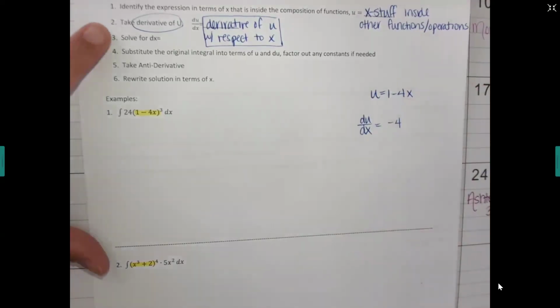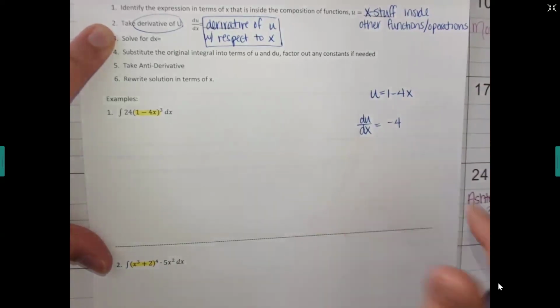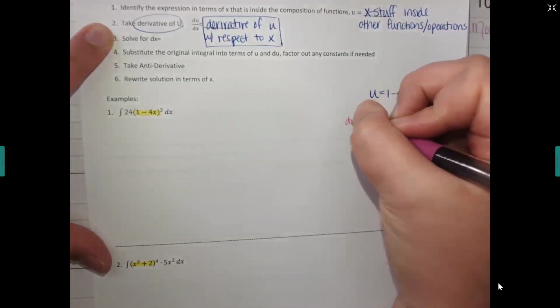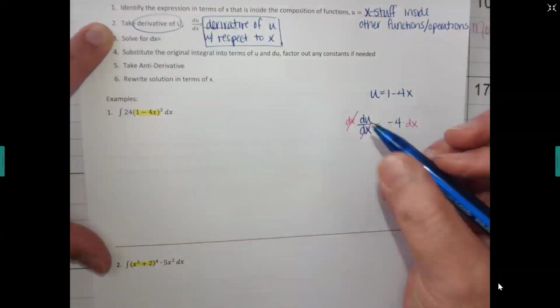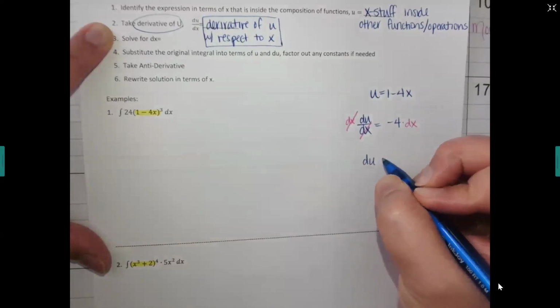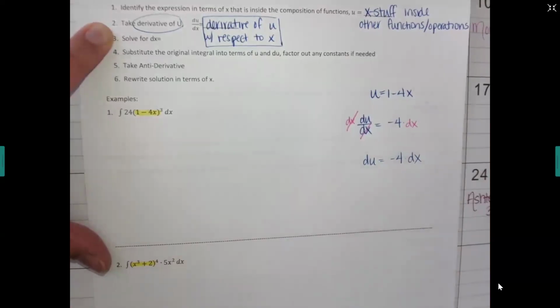Step 3 is that you're going to solve to get dx by itself. Now you'll notice that dx is on the bottom of this fraction, so I'm going to multiply by dx on both sides. That will cross it out from the left. So far I have du equals negative 4 dx. Then remember, I want dx alone.